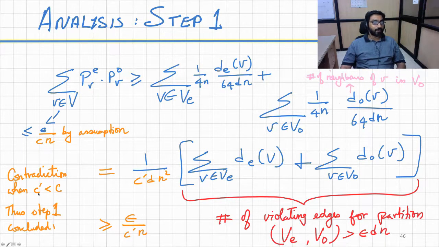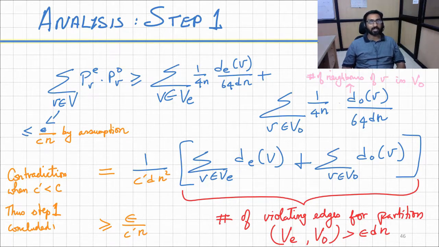Now, if c prime here is small, then this quantity is going to be larger compared to this epsilon cn. And that would lead to a contradiction, because on the one hand, our assumption is that the summation is less than this smaller quantity. On the other hand, what we have worked out is that the summation is greater than this larger quantity. So this is the contradiction that we have established.